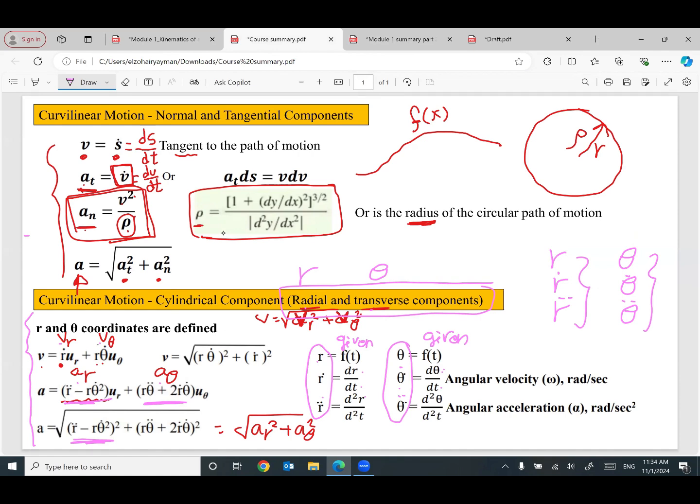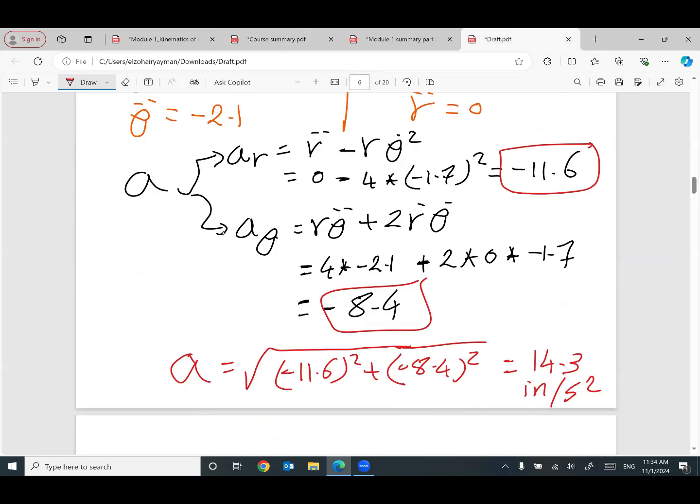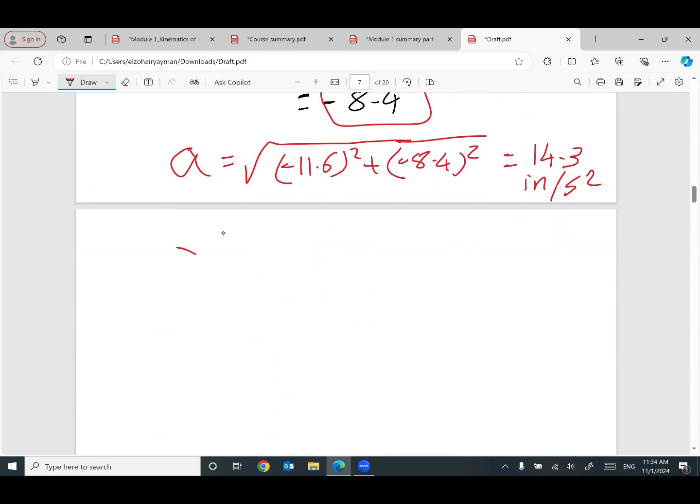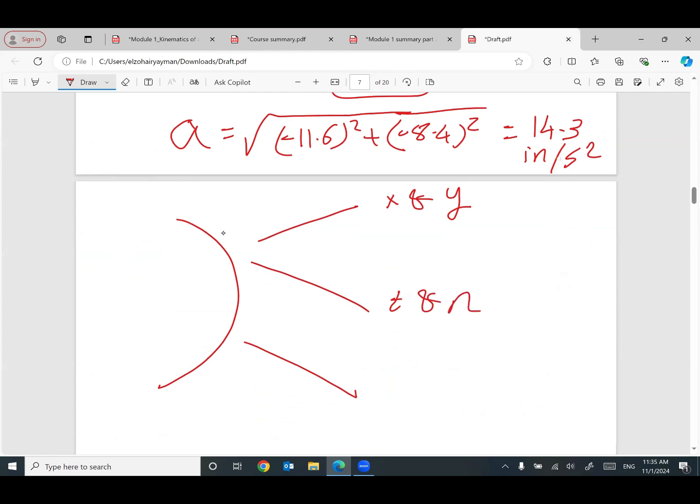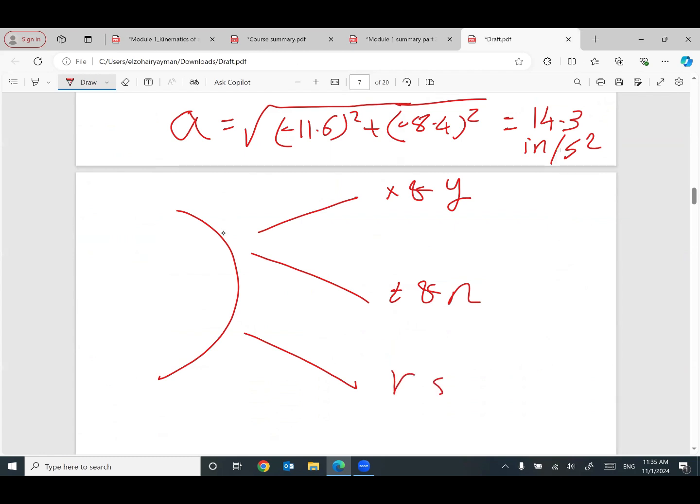You must have a key in the problem that guides you to which part of the chapter, because so far for curvilinear motion, we cover three parts: the X and Y component, the tangent and the normal component, and the cylindrical component, R and the theta component.